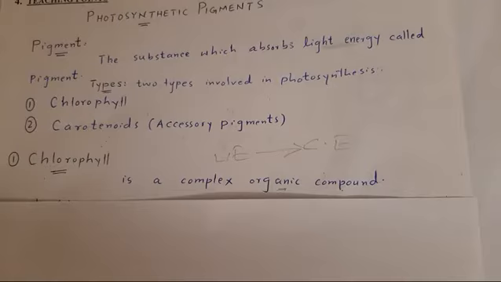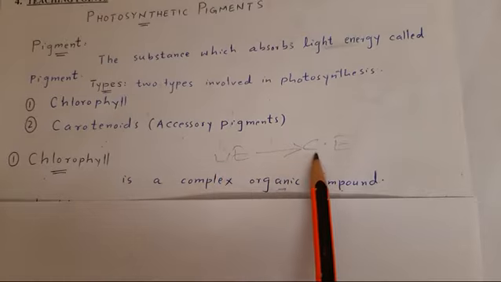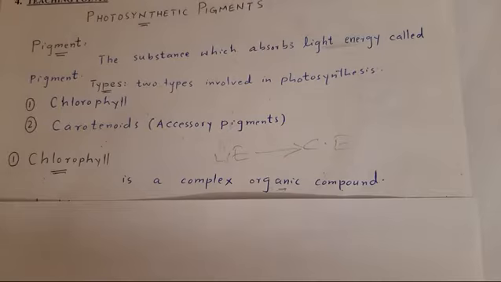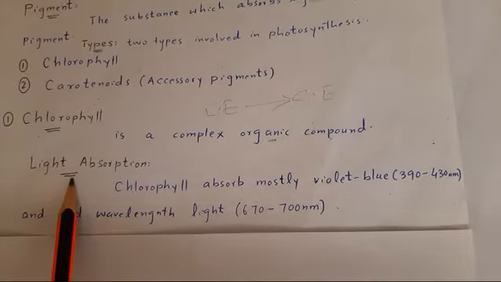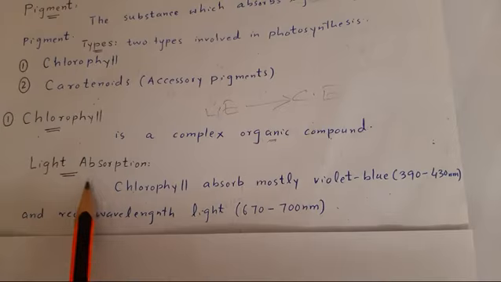So chlorophyll is a complex organic compound enabling the plants to capture light energy coming from the sun and convert it into chemical energy for the synthesis of organic food, glucose. Now, as chlorophyll is a pigment, it absorbs light energy.